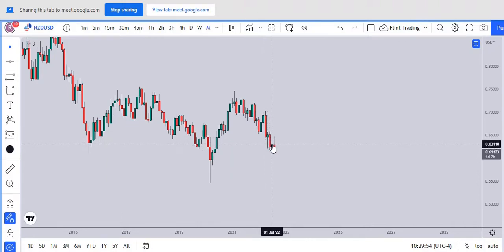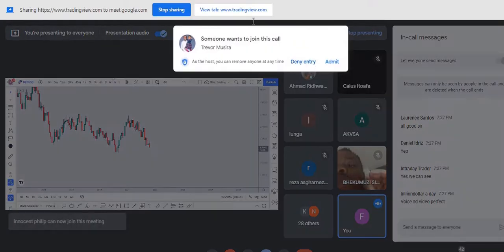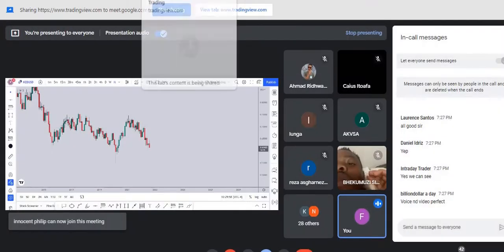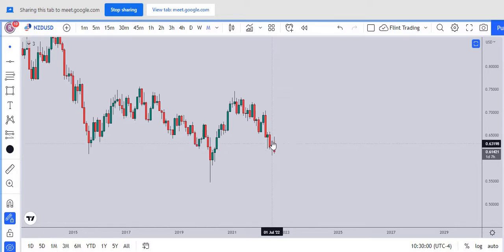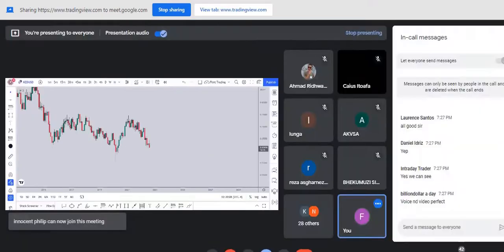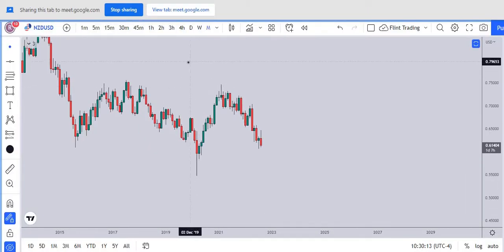Same thing right there, price again rejected from that area, but I was observing that this wick took out this high, and we are seeing some bearish intentions within the candle.